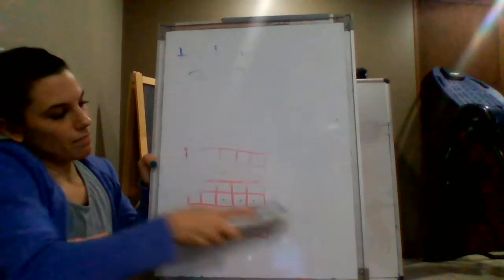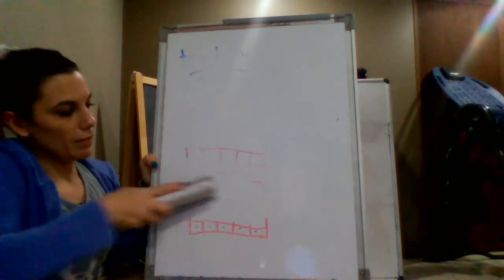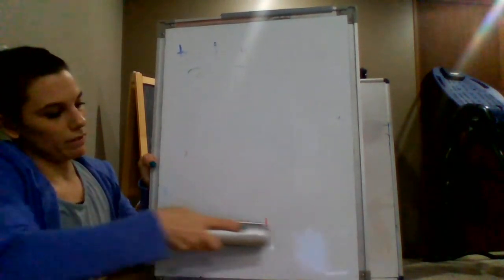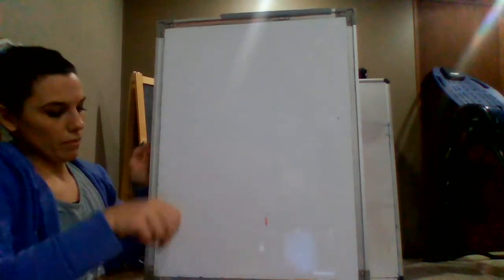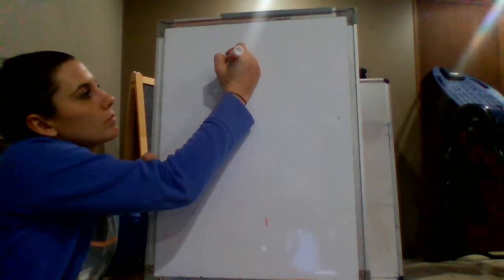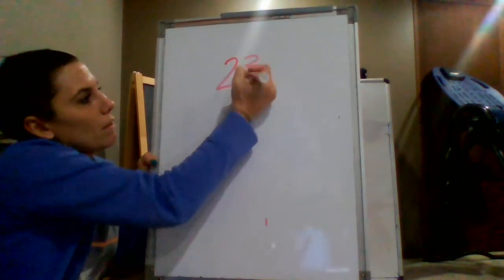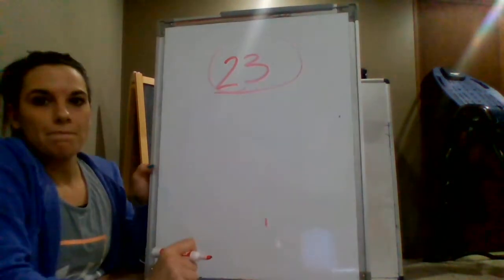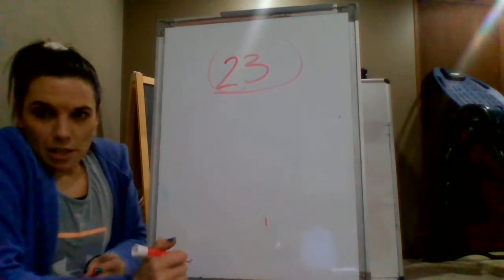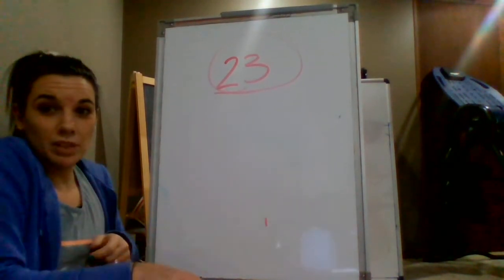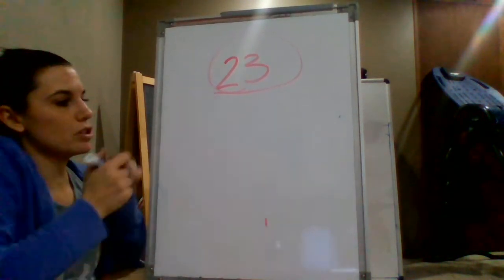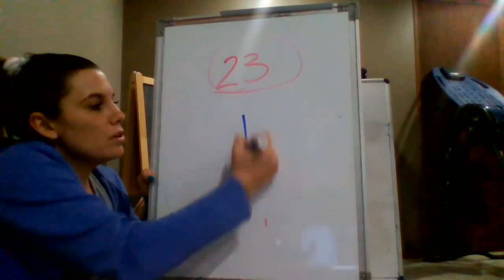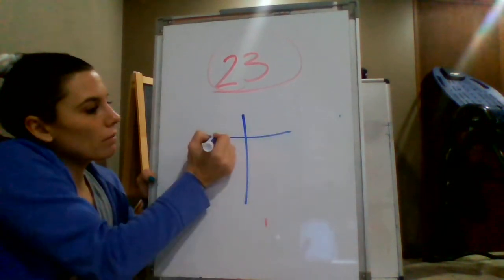let's just do this. Okay, let's put a number up here. Okay, do you know what this number is? Let me hear you say it. 23, good job. This is the number 23. Okay, so we know this number, right?